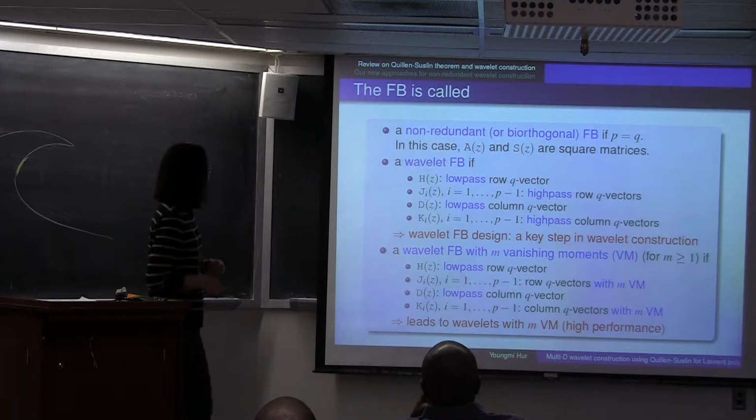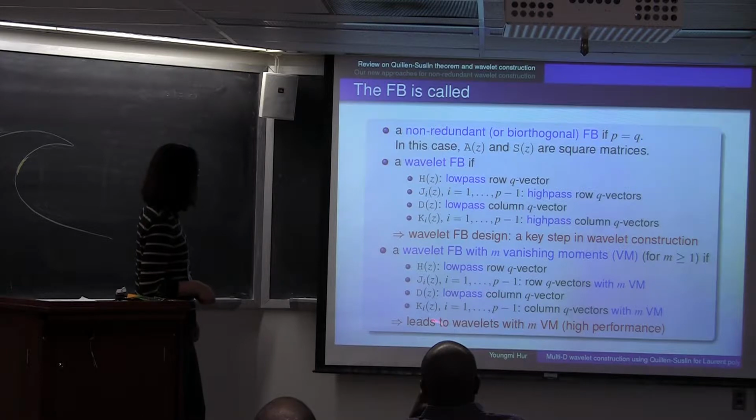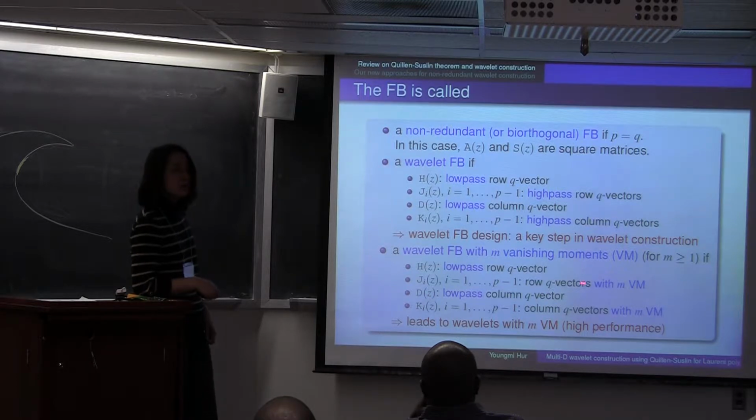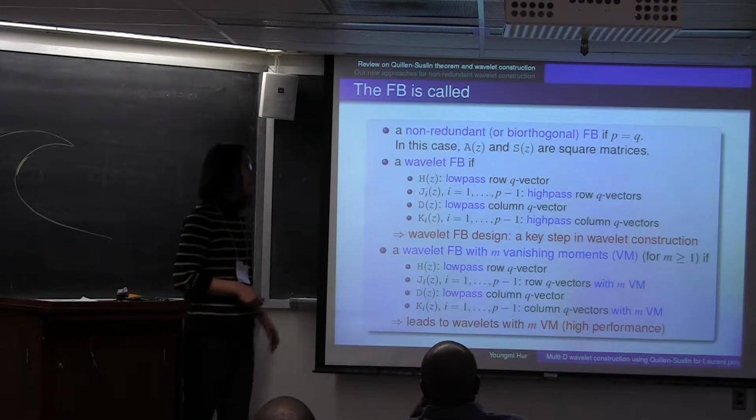In a mixed way. So in that sense, if you want wavelets with higher performance in terms of larger vanishing moments, you can start with a wavelet filter bank with a larger vanishing moment condition, which just means in addition to these conditions, you want the rest, not the first row, not the first column, the rest of the vectors to be associated with high-pass filters with larger vanishing moment.